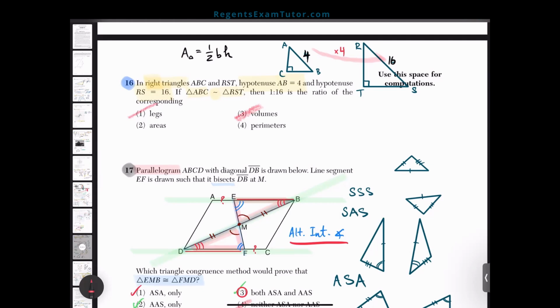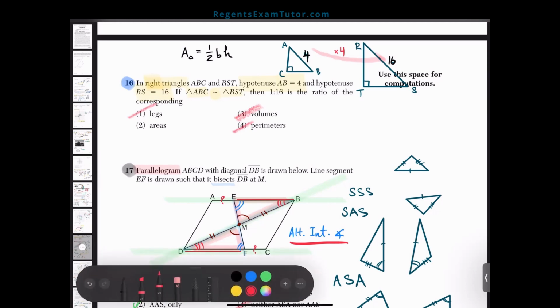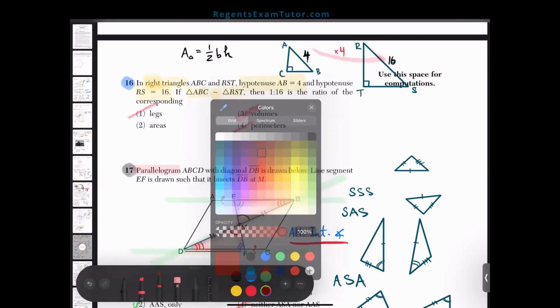If you had made some of these concrete choices and plugged in some numbers that actually work using the Pythagorean theorem for the legs of these two triangles, you would find that the perimeters don't have a 1 to 16 ratio. And you didn't even need to do that again because still AB and RS are side lengths. Those are components of the perimeter and they have a 1 to 4 ratio relationship. So just using basic logic, we've already broken it down to answer choice 2.